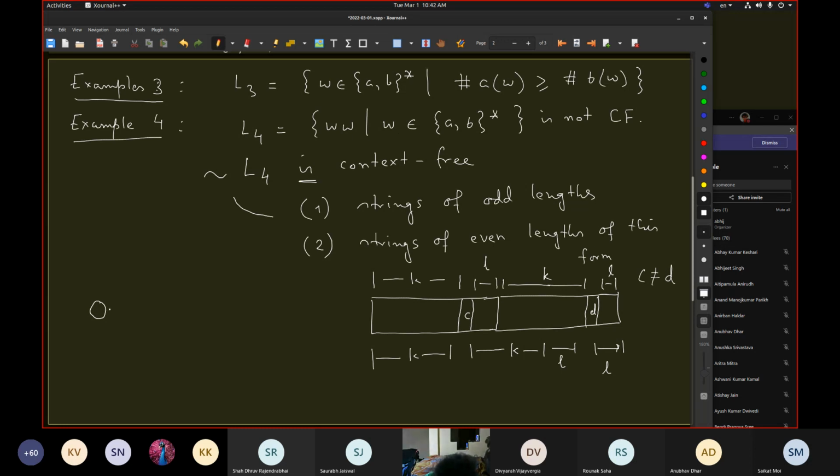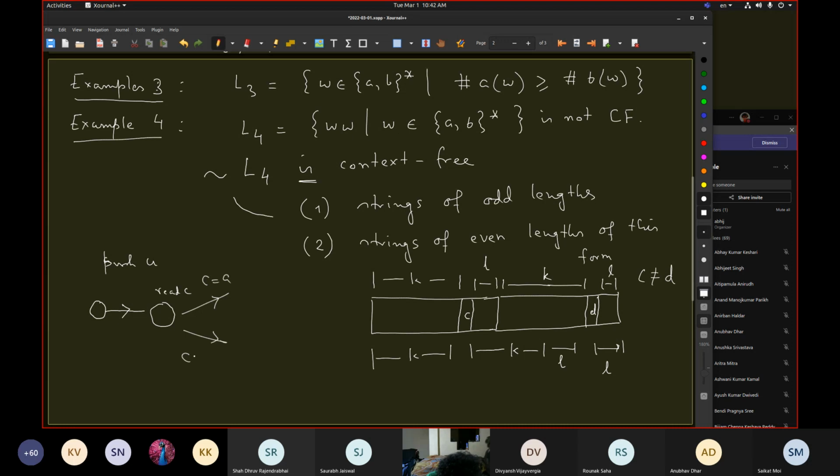So, okay, let me tell you something. Here, whatever A or B you read, you just push some symbol, maybe U. Then you read C in this state. If C is A, you go here.